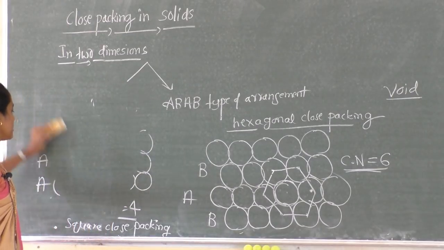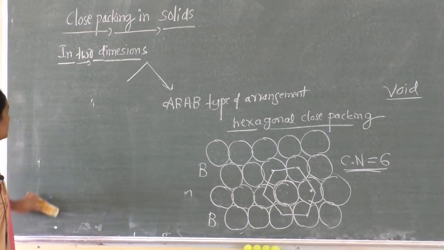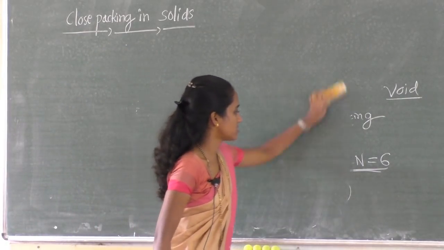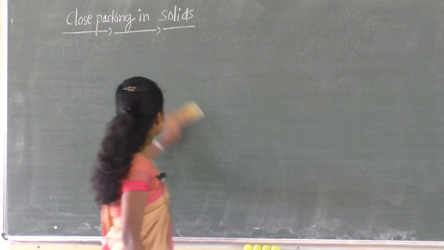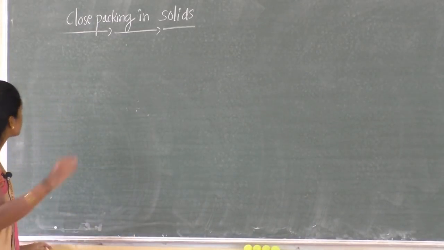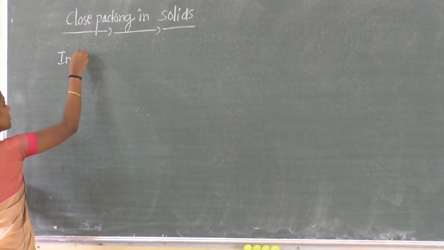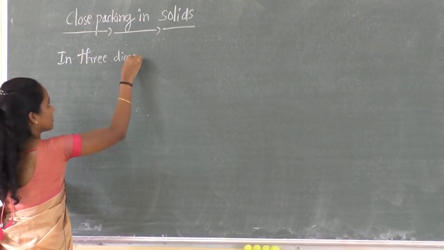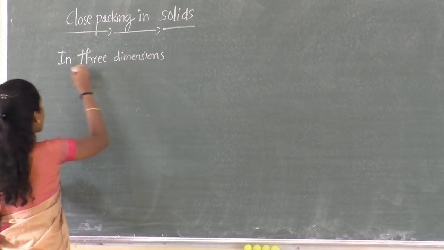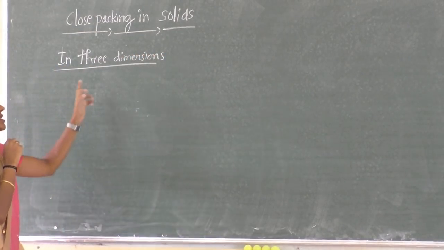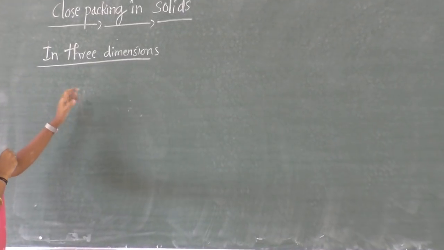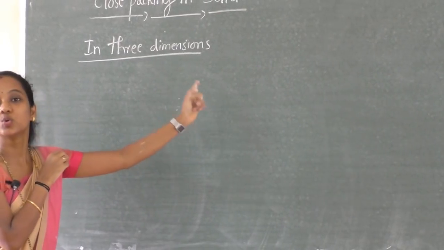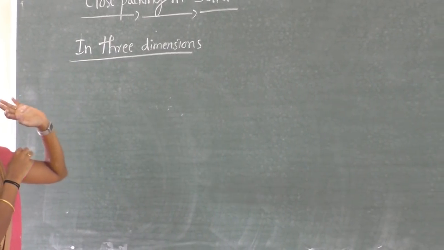consider the close packing in three dimensions. For this, we have to consider both the two-dimensional square close packing structure and the two-dimensional hexagonal close packing structure.